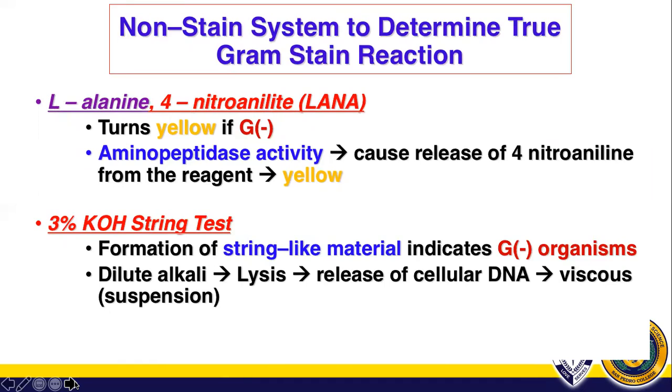So when they are exposed to KOH, cellular DNA is released, causing the suspension to become viscous. So with L-alanine, if the solution turns yellow, that's gram-negative. In KOH, if there's the formation of a string-like material, then the organism is gram-negative.